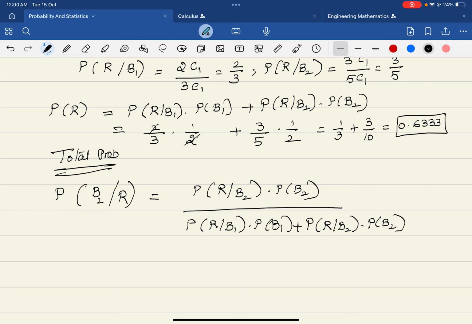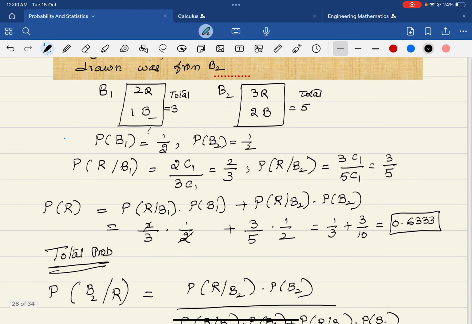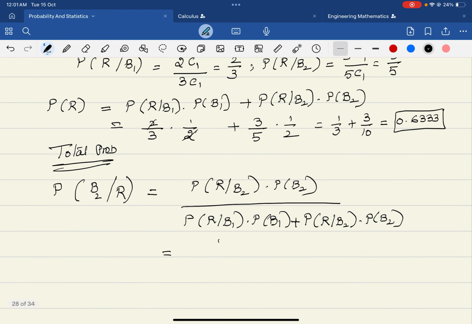This is the total probability. Now P of R given B2, what is it? We know that it is 3 by 5. P of B2 is 1 by 2, over, as we have already done, P of R, the total probability, which is 0.6333 and so on. So it is 3 by 10 multiplied by 1 over 0.633, something like this.